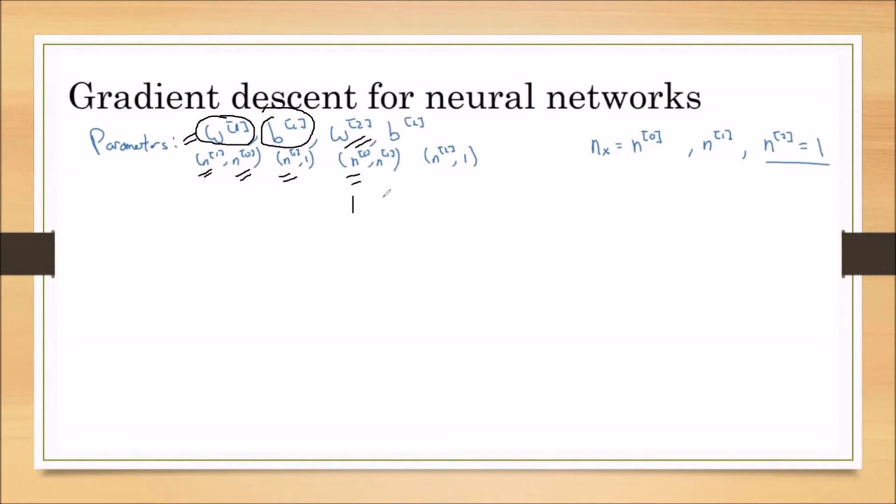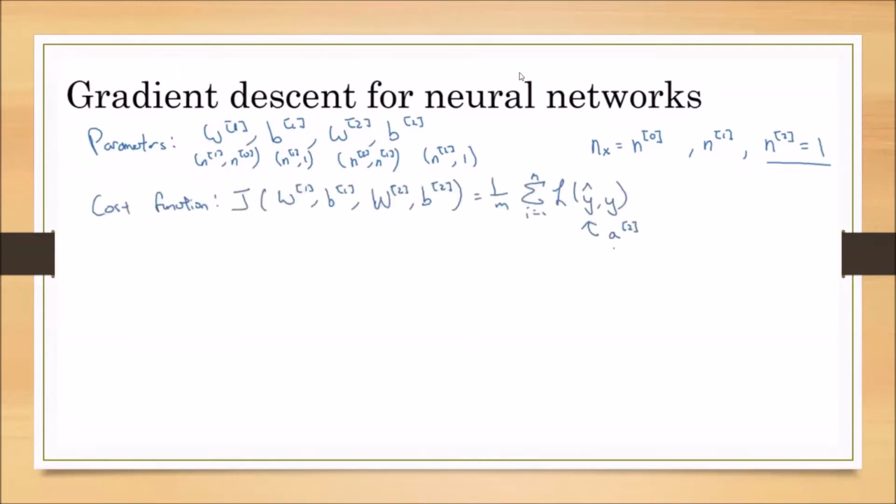If the number of activation units in the first hidden layer is 4, then it is a 1 by 4 matrix. Similarly, for B superscript 2, the number of rows is the number of activation units in the last layer. If the number of activation units in the last layer is 1, then B superscript 2 is a 1 by 1 matrix. This is how we decide the sizes of different matrices.